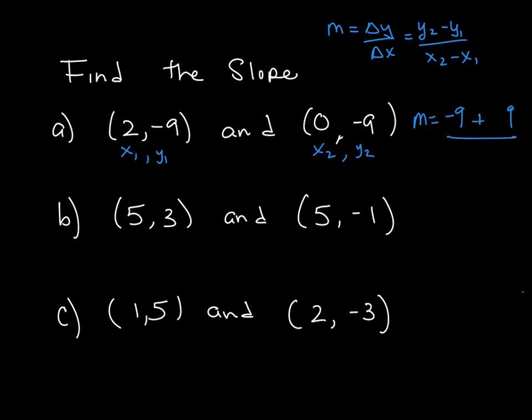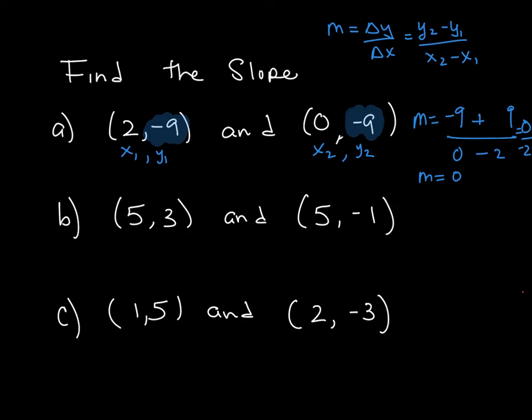Something interesting happens with this. Now in the denominator, it is x2, which is 0 minus 2. So all of this here is equal to a 0 in the numerator divided by -2. Now a 0 over any number, my slope in this case just equals 0. But if we take a second and inspect this, you'll see that both of these y values are the same.